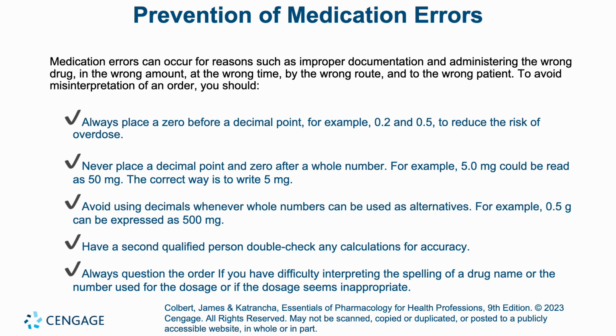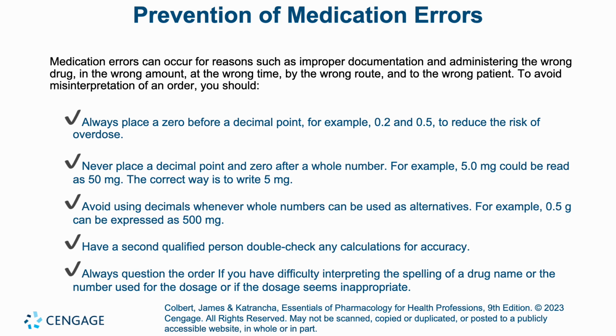Prevention of medication errors. Medication errors can occur for reasons such as improper documentation, administering the wrong drug, in the wrong amount, at the wrong time, by the wrong route, or to the wrong patient. So to avoid misinterpretation of an order, you should always place a 0 before a decimal point, for example 0.2, 0.5, to reduce the risk of overdose.